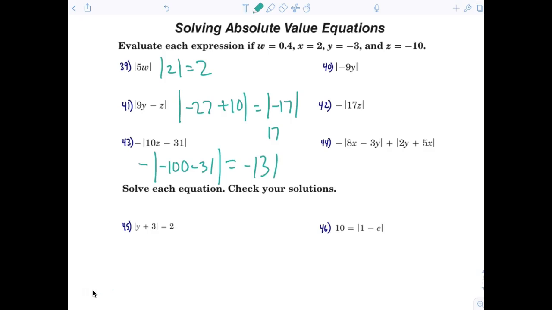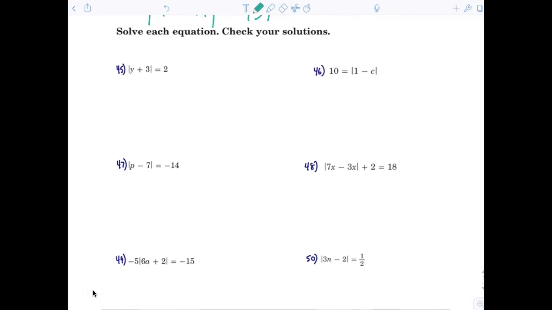All right. Now, we're almost out of time, so let's see. The absolute value of y plus 3 equals 2. This is where most people forgot. There's about half of you. You need 2 solutions. So you have to write it as y plus 3 equals 2. Then you write it as y plus 3 equals what? Negative 2.